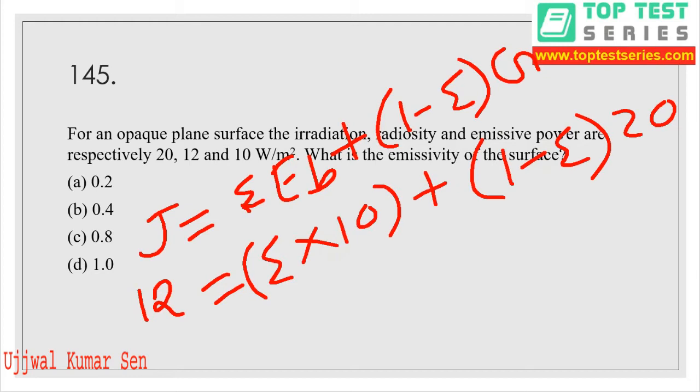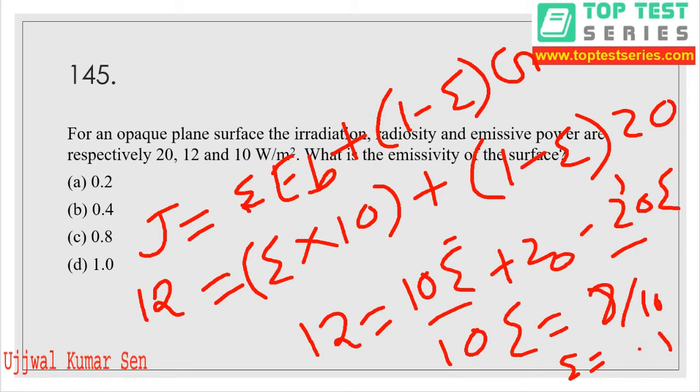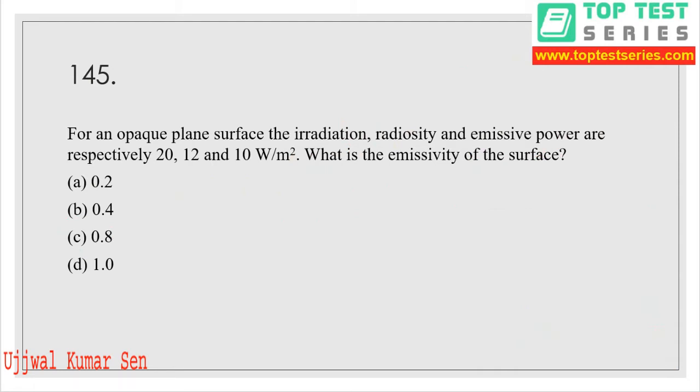So 12 is equal to 10 epsilon plus 20 minus 20 epsilon. If we send these two to this side, then 10 epsilon is equal to 8, epsilon is equal to 8 by 10 is equal to 0.8. Therefore option C is the correct answer for this question.